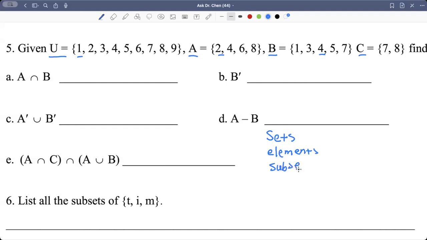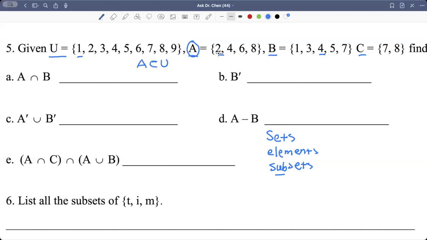Then subsets. Sub means smaller. So subset means a set is smaller than a set. Let's see here. We see A is a subset of U. So how do we represent that? We say A is a subset of U, using this notation. Why?